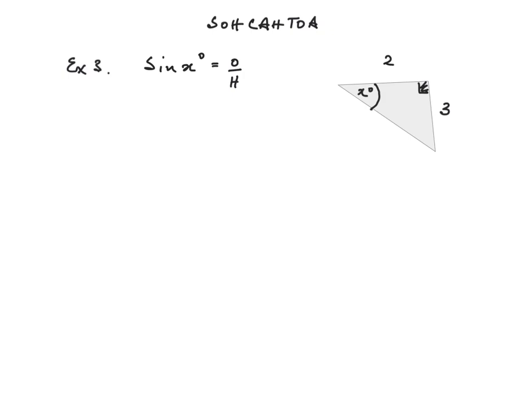Let me just call that h. h squared equals 2 squared plus 3 squared equals 13. And remember to take the square root. So there is our surd. 13 is not a square number. When it comes then to writing out the ratio for sine of x, it's opposite over root 13.